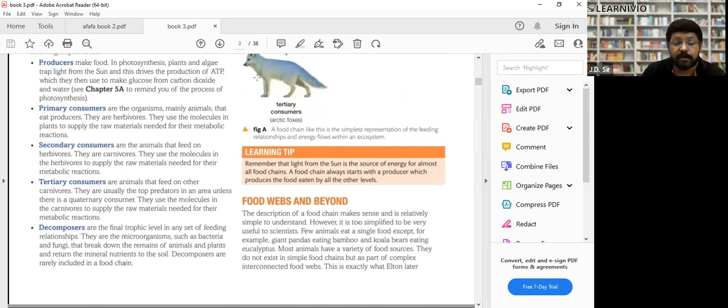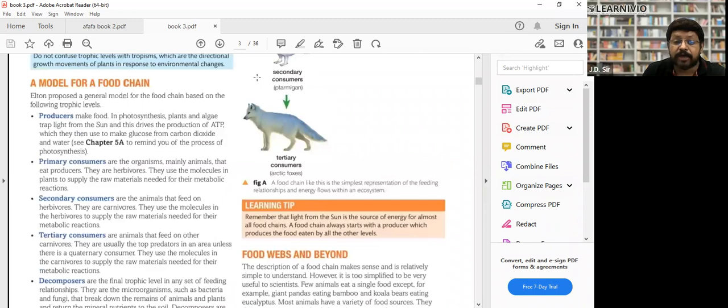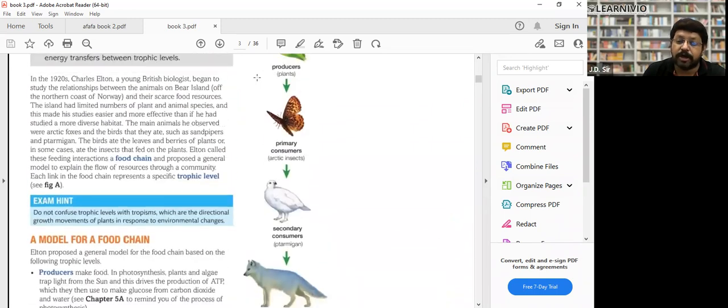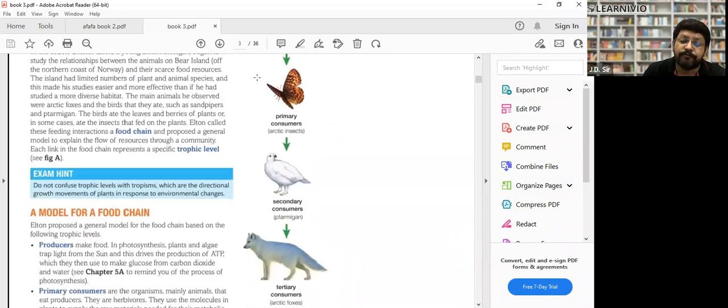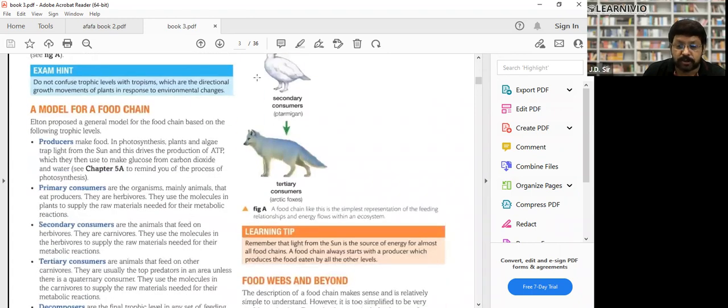Because after every food chain, the decomposer will come. When the producer or the primary, secondary or tertiary consumer dies, bacteria break down the complex molecules of the body and convert them into simple molecules. This process is called decomposition, and the organisms involved, like bacteria, are called decomposers. So after every food chain, the decomposer comes, and we never consider the decomposer in the food chain. Got it?